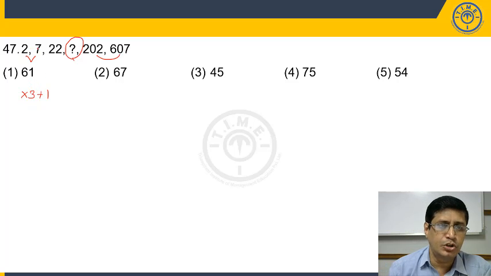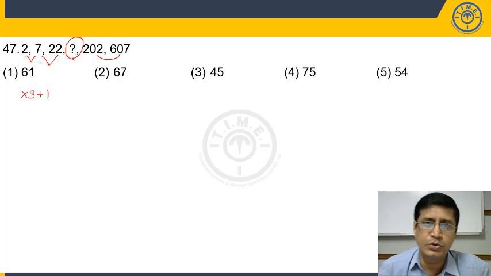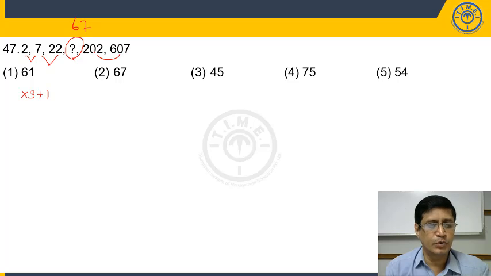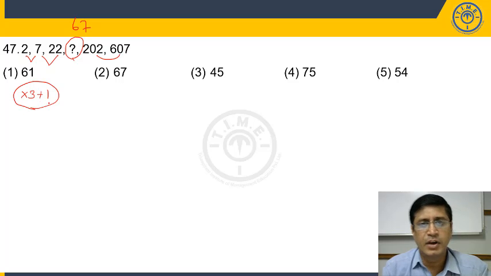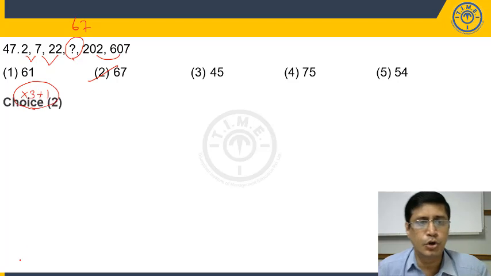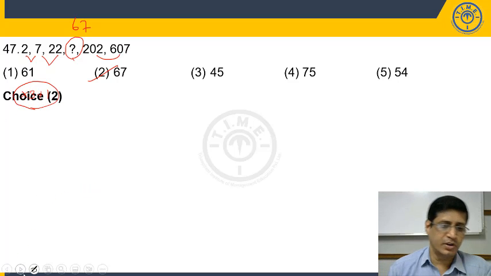The same 7 into 3 plus 1, that is 22. 7 into 3, 21 plus 1, 22. So 22 into 3, 66 plus 1, 67. 67 into 3 is 201 plus 1, it is 202. So it is following a pattern of into 3 plus 1. So right choice 67 means option number 2. Second choice is the right choice.